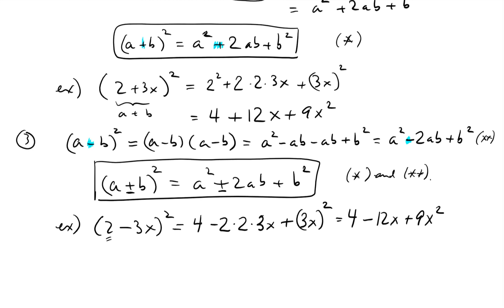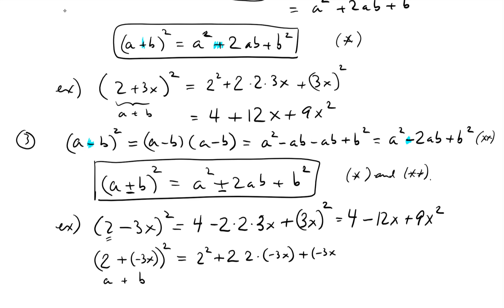There are two ways to look at this, by the way. I could also look at it from the point of view where this is 2 plus minus 3x, squared. In that case, I'd be applying the formula for a plus b. So let's check that it gives me the same thing. So that should be a squared plus 2 times a times b plus b squared.